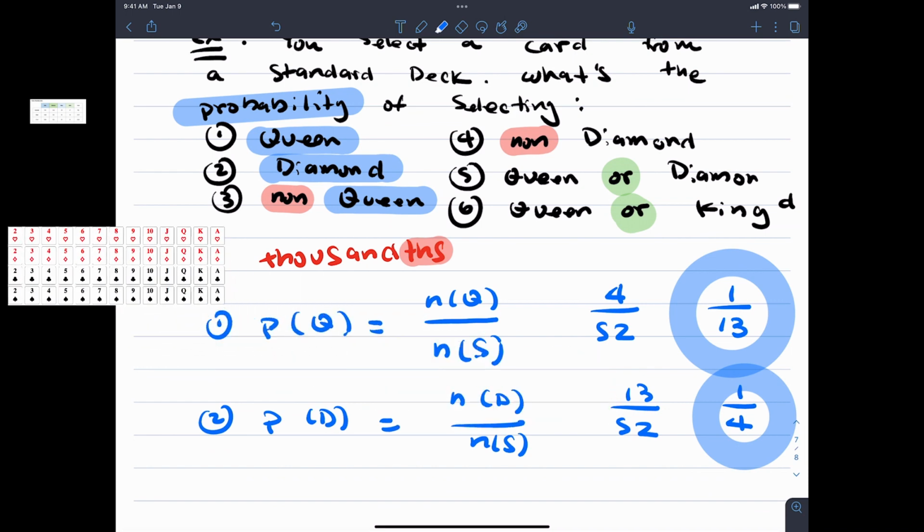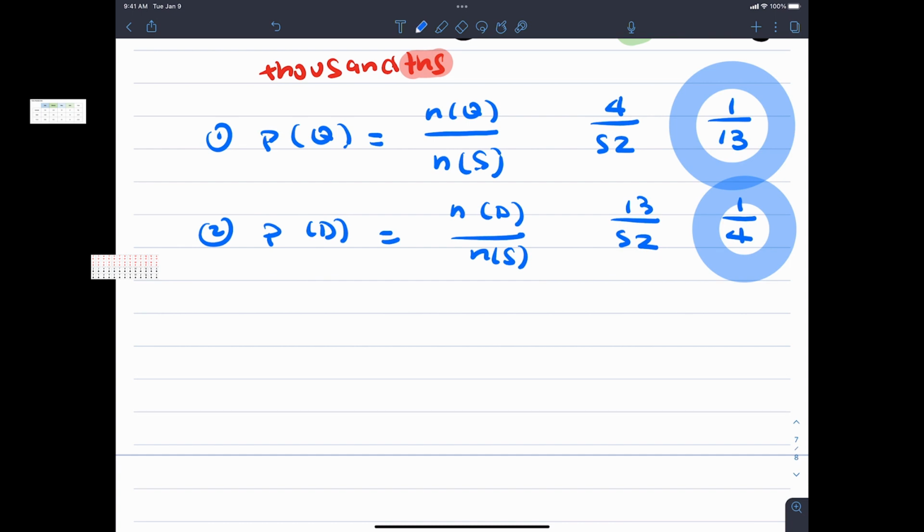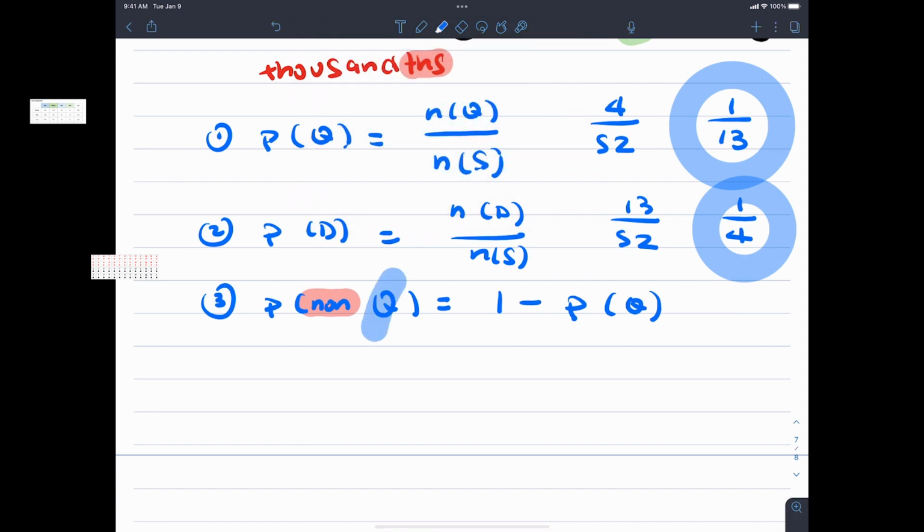If you ever see the word non in front, like we do, we'll write it down. The probability of selecting a non-queen will be, by the complement rule, 1 minus the probability of selecting a queen. See that non? The event is a queen. We're using the complement rule.